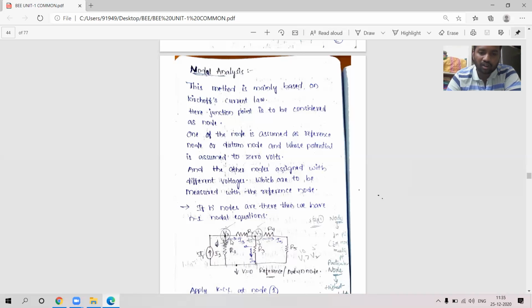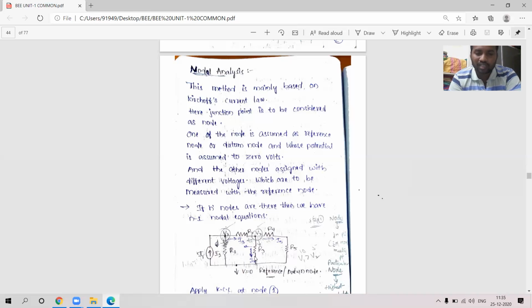So how many nodes are there in the circuit? 1, 2 and 3. With three nodes, we are going to get 3 minus 1 equations. If n nodes are there, we get n minus 1 nodal equations.